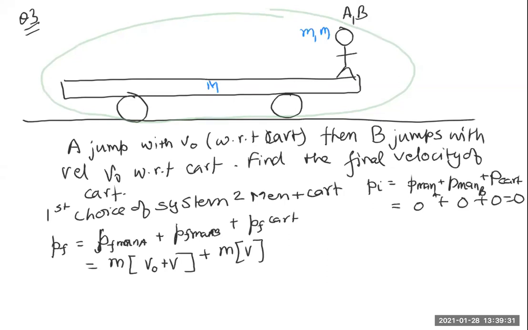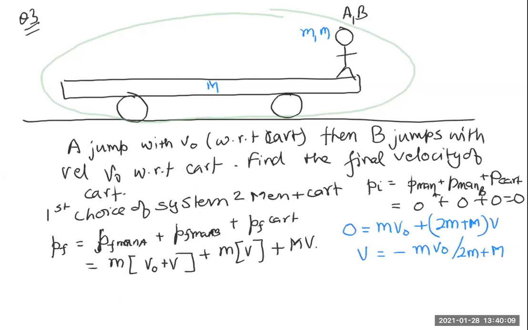Remember, B has not jumped, therefore B is on the cart, therefore B's velocity is the same as the velocity of the cart, capital M into V. So if I equate this, I'm going to get 0 is equal to mv naught plus 2m plus M into v. So v is equal to minus mv naught by 2m plus M, which is the exact same answer that we had in the second question.